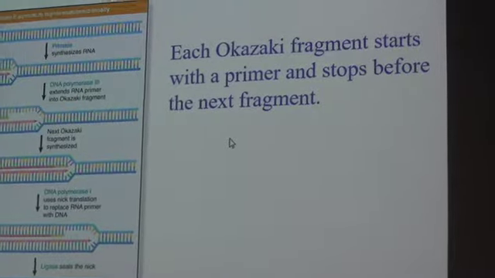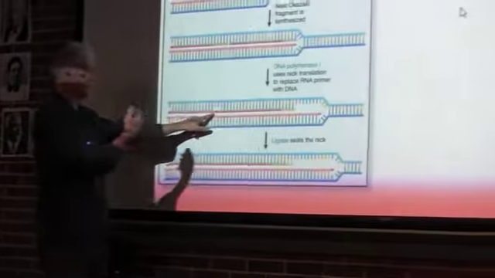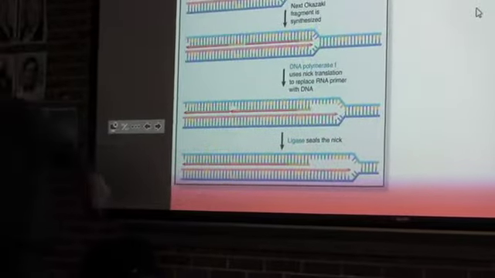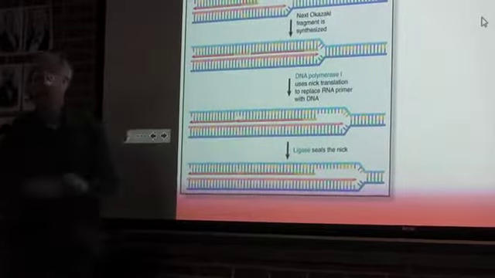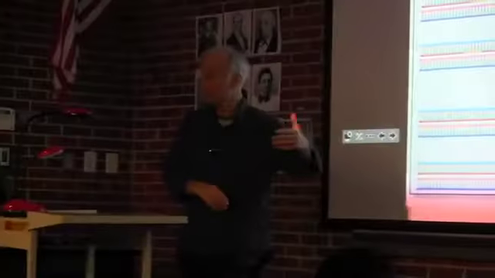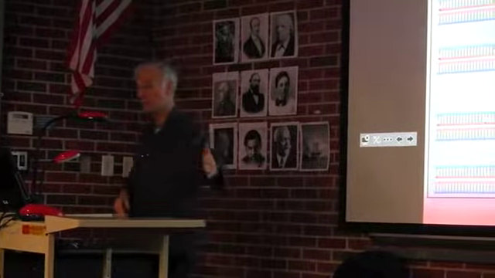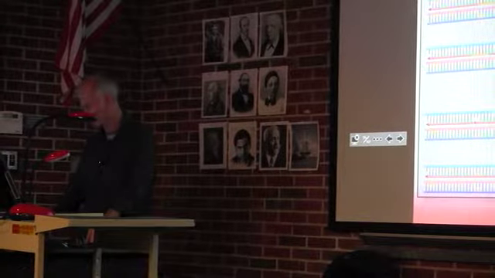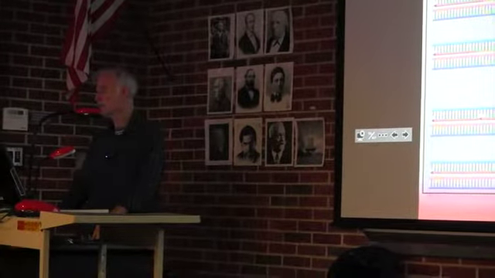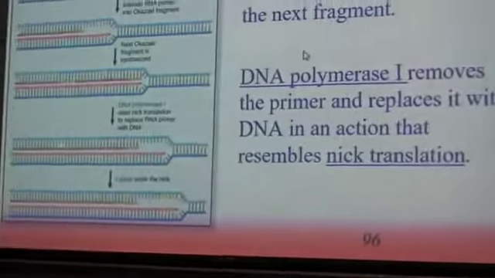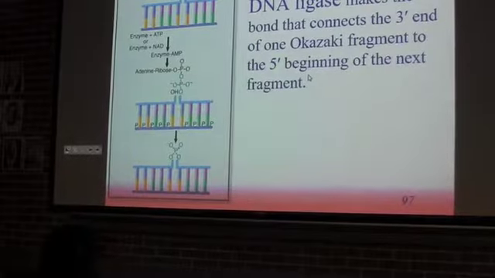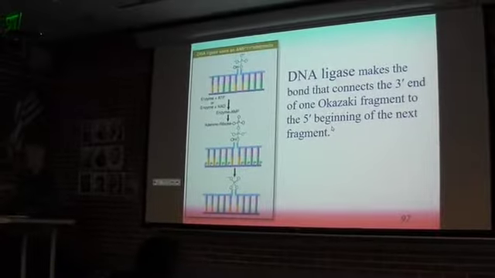It can bind at the nick between the 2 strands, and chew away the RNA primer in front of it using its 5' to 3' exonuclease activity. Once it removes the primer by nick translation, then it is that nick.